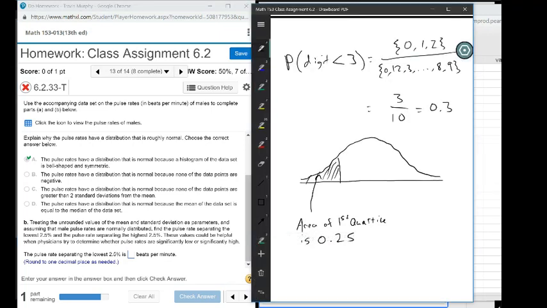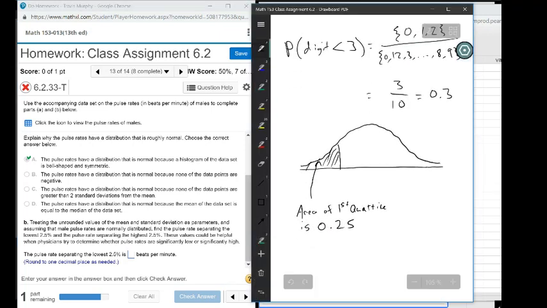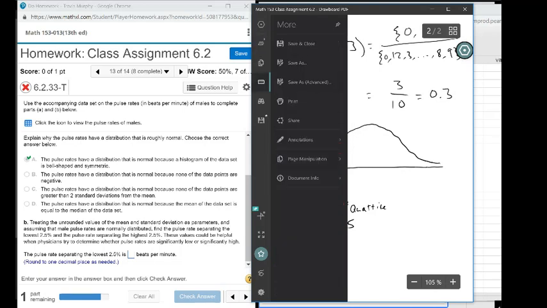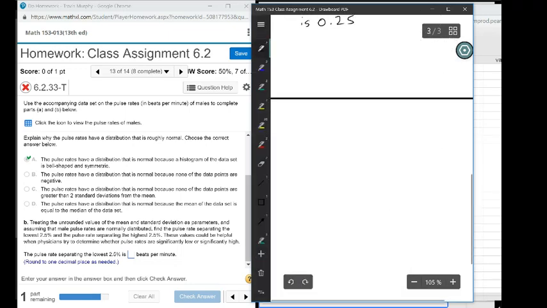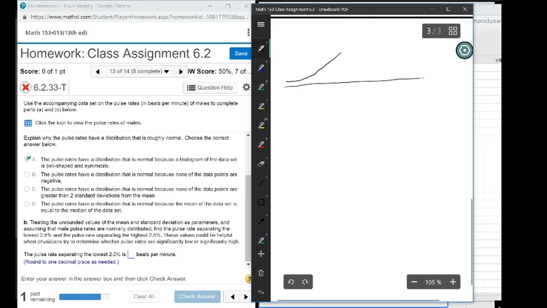Okay, so we want to know what pulse rate goes here.